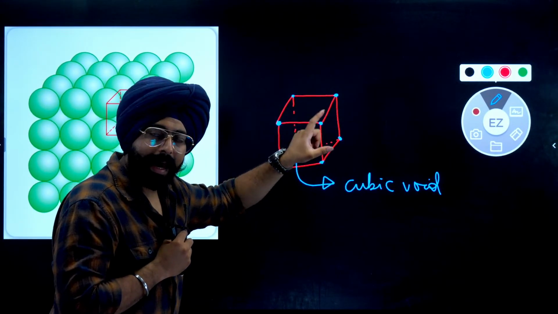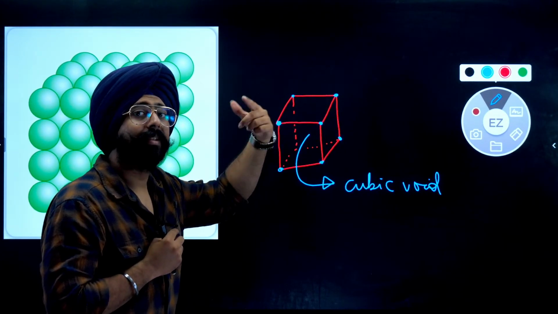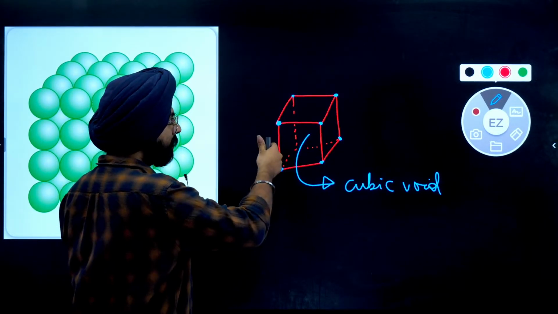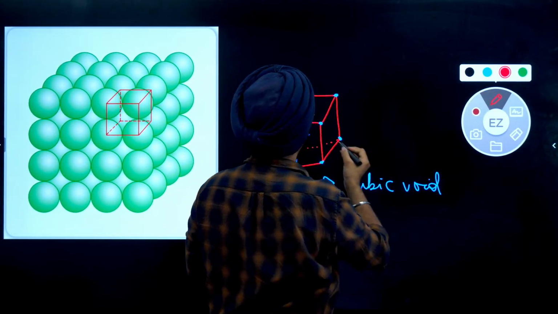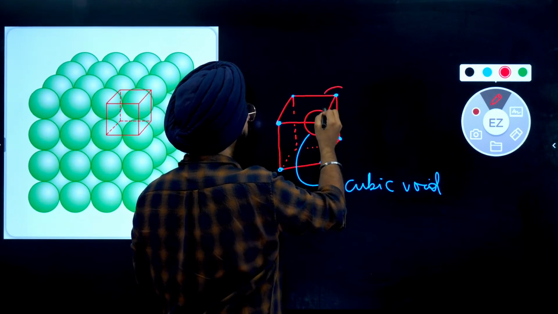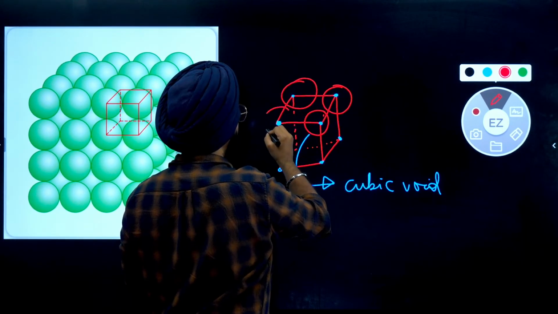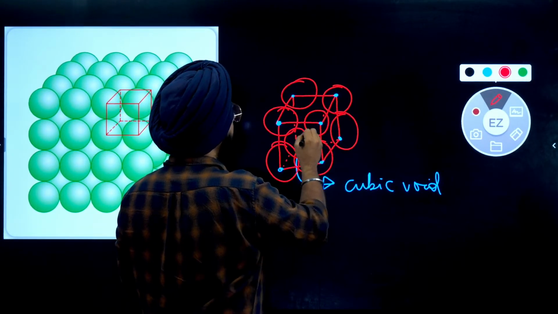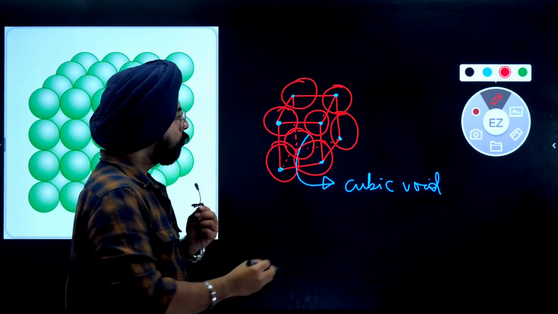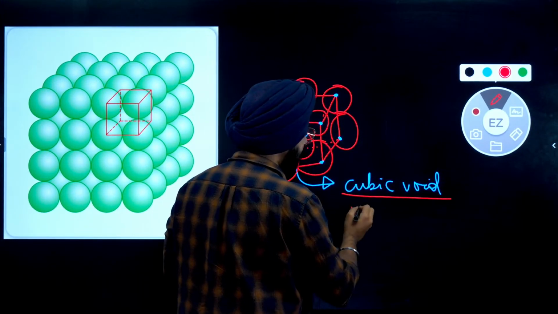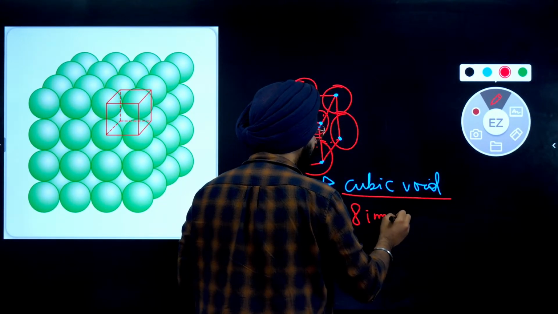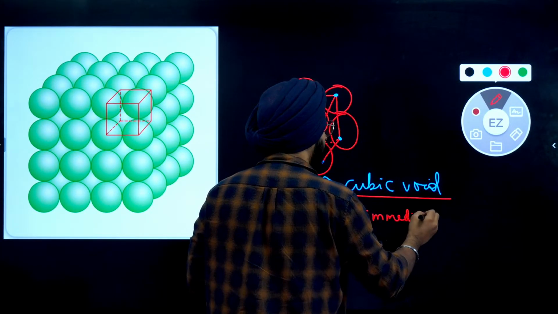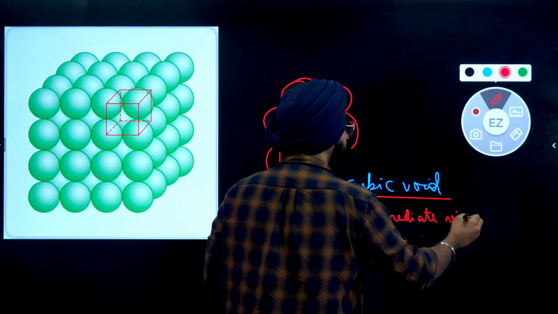So that empty center is known as a cubic void. How many atoms does a cubic void have as immediate neighbors to it? Around the cubic void there are 1, 2, 3, 4, 5, 6, 7 and 8 spheres. So the cubic void has 8 immediate neighbors.